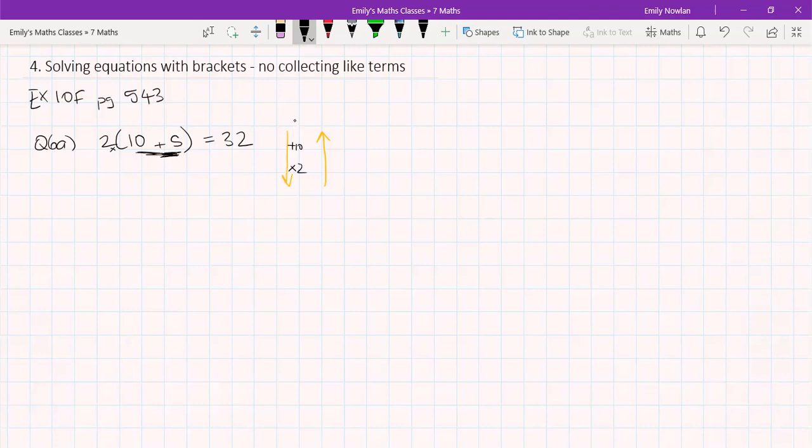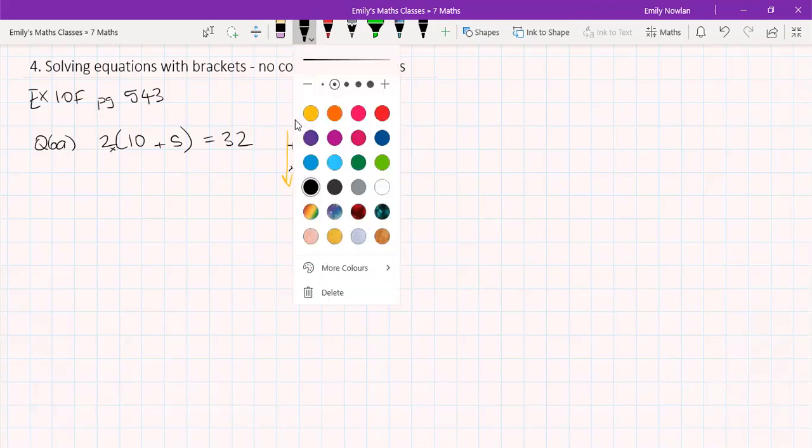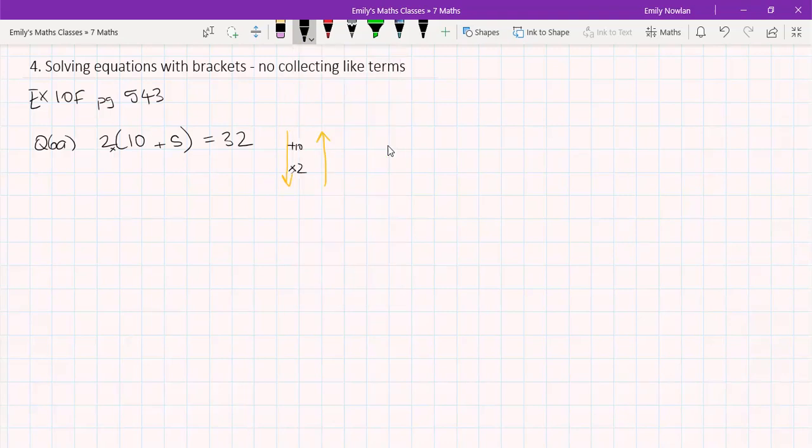So to undo it, the last thing that happened was it got times by 2, so we have to divide by 2 first. And then we have the plus 10, so we've got to take it away.